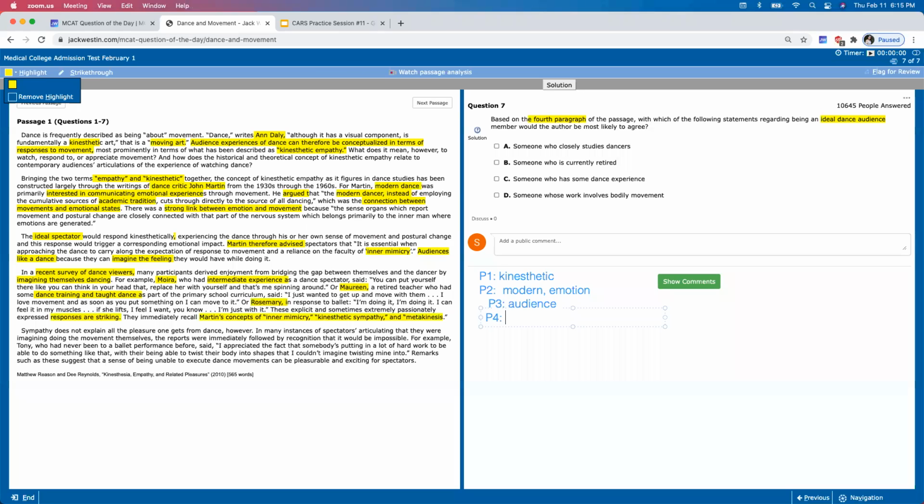What did you guys think of the paragraph summary? So what was important in that paragraph? That if we needed to come back, we could try to remember what it was about.